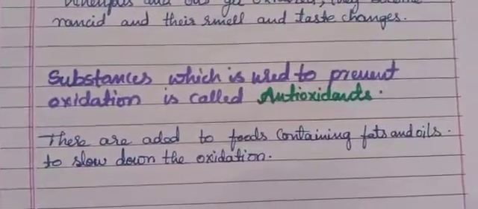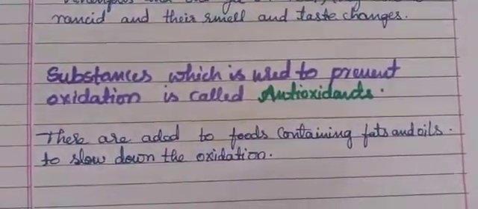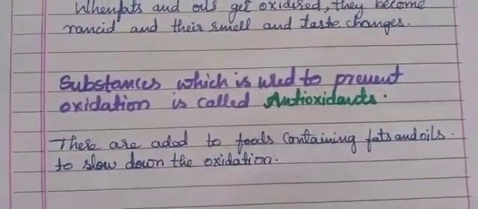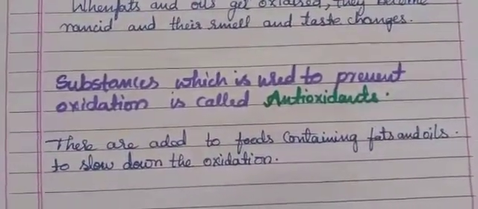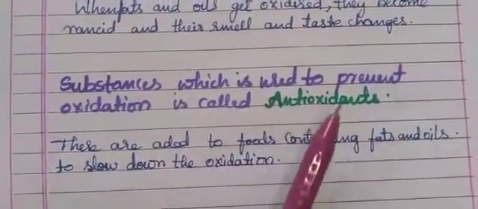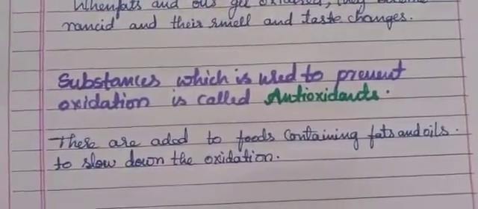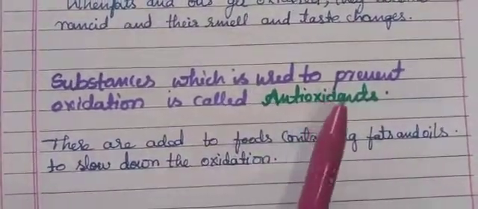In most chips packets, the size of the packet is large, right? That is because they have flushed nitrogen gas into that chips packet. Nitrogen slows down the oxidation, so we can store the chips for a longer time. That's why they use antioxidants.